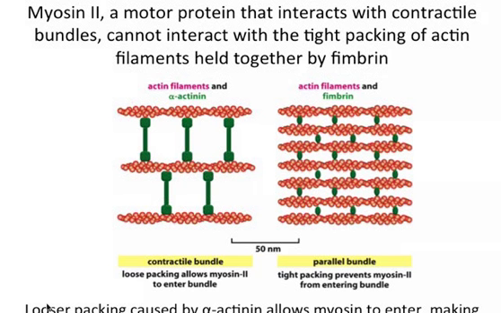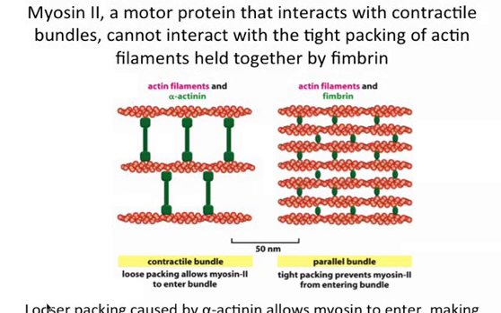What's the main difference between alpha-actinin and fimbrin? There's really one main difference, right? Right, the length. Wasn't deeply scientific, right? This green thing is longer than this green thing. Does everyone agree with that?